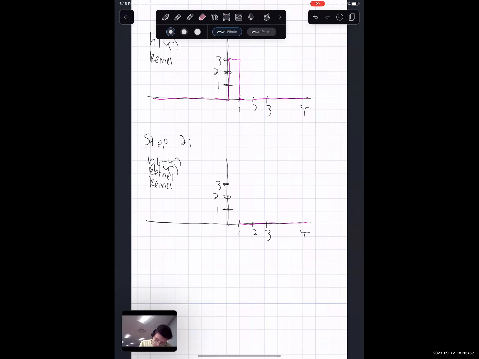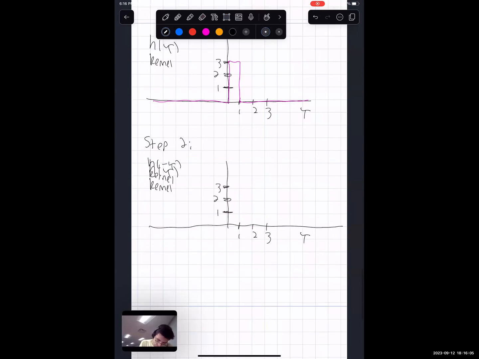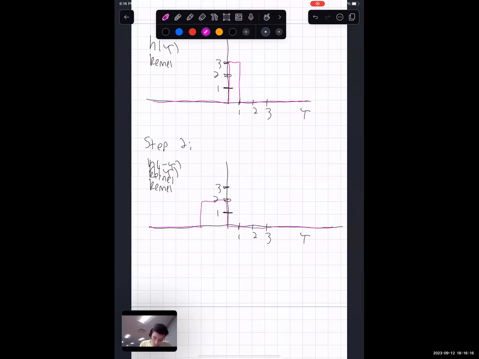The actual shape of the graph is going to remain the same, but it's going to get flipped. Okay, so something like this. Everybody follow me so far? We just flipped it over the y-axis.